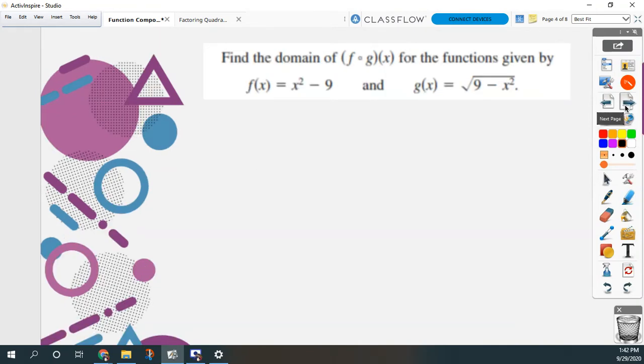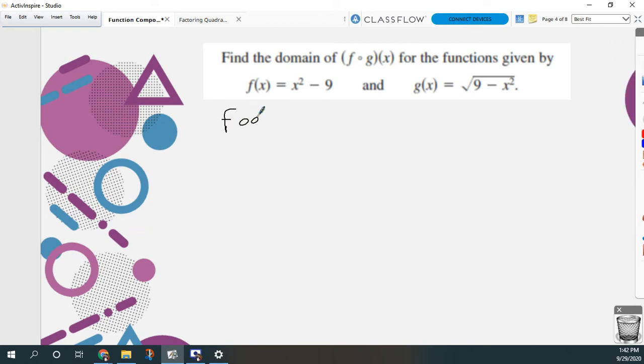Alright, so next up, it says to find the domain for the functions given by f of x equals x squared minus 9 and g of x equals the square root of 9 minus x squared. So the first thing that we need to do is find f composite g of x.